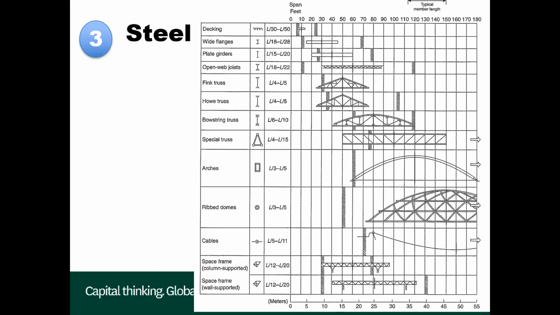So for example, about 18 meters, and it probably goes to about 80 meters. So you want to choose a structural system that is appropriate for your span, and use a table like this to work out the depth of your structure.